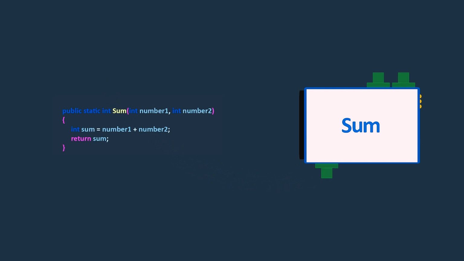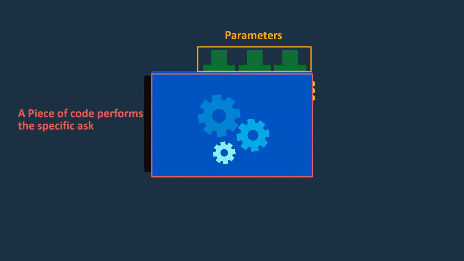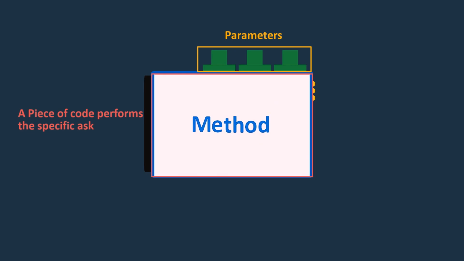As mentioned earlier, a method is essentially a block of code that is designed to carry out a specific task. In this case, the specific task of this method is to add the two parameters that are passed to it. Typically, a method receives one or more inputs as its parameters, performs its specific task, and then returns an output as a result.